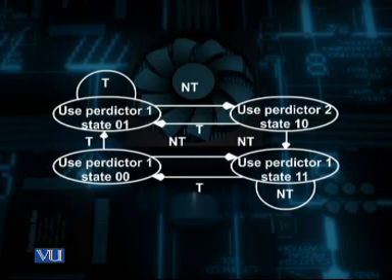For the saturating state 00, which is assigned to use predictor 1, it increments to state 01 for predictor 1 when the transition is 1/0, and it decrements to state 11, that is to use predictor 2, for 0/1.